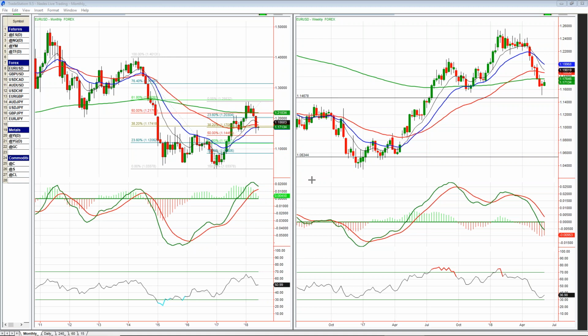That's always important. Here we had a pullback off of that 62% level, and all I did was put in another Fibonacci retracement from the most recent swing low to the most recent swing high. A lot of times you'll have a sell-off from that 62% level, and it'll sell off back into like a 50% level, which almost had a touch right there, and buyers stepped in, but didn't quite get down to that 114 level.